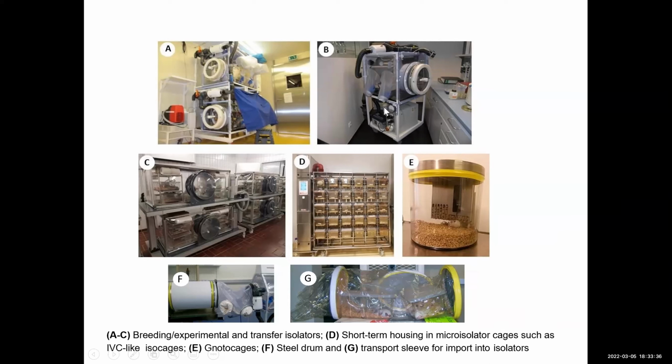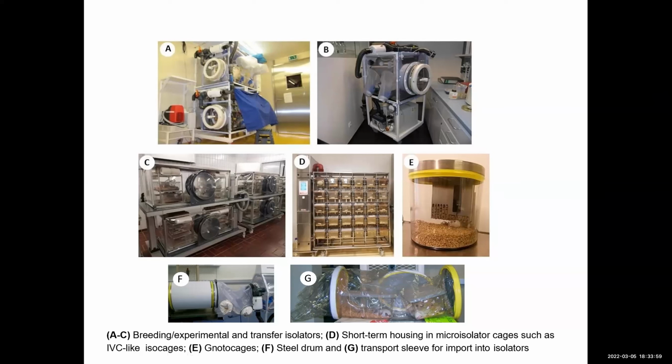All right, so what you can see in these pictures are what we call isolators. And these are basically like plastic incubators. And inside you have the cages where the mice are housed. And inside it's completely sterile. So when I go to this facility, I need to change twice.